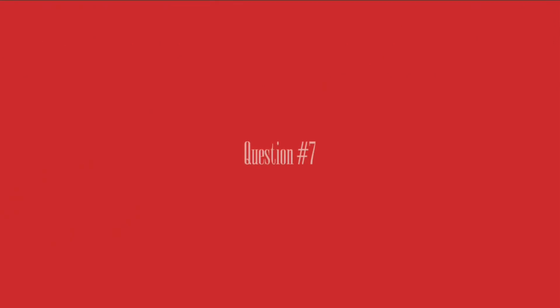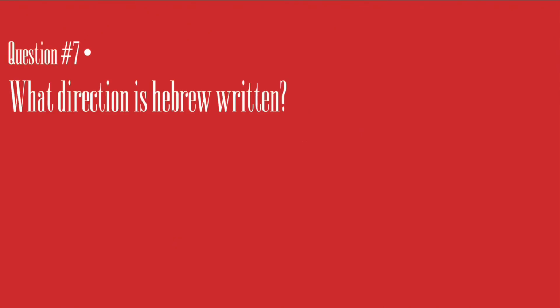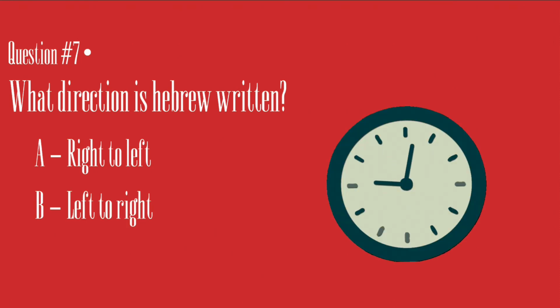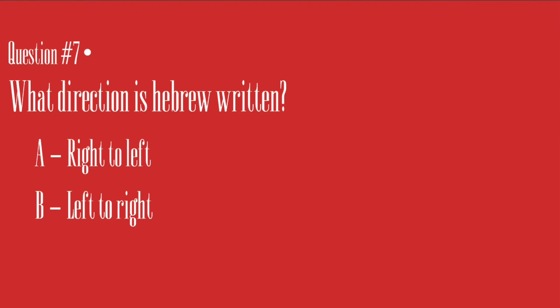And for number 7, if you haven't gotten any of the other questions right so far, you should definitely get this one right. What direction is Hebrew written? A, right to left, or B, left to right? If you chose A for right to left, then you are correct. And that is all for the review. Good job to those who got them most or all correct.